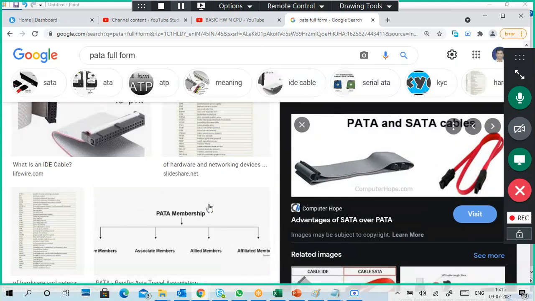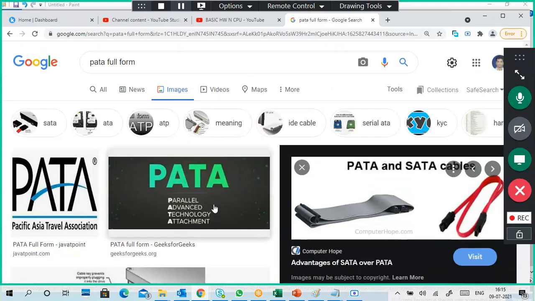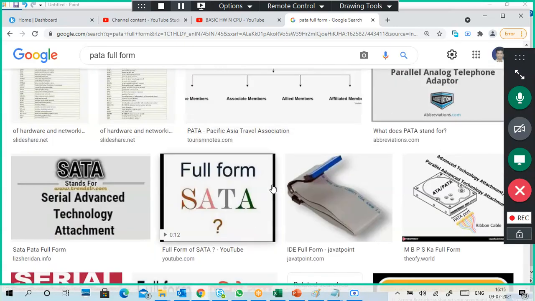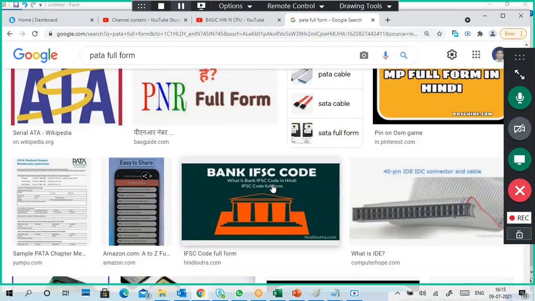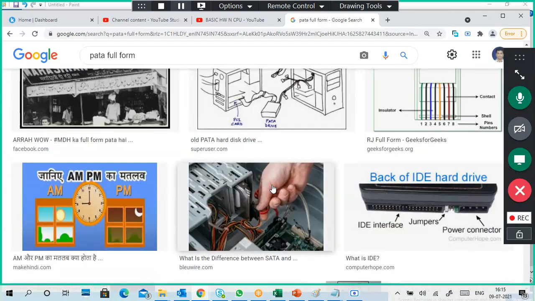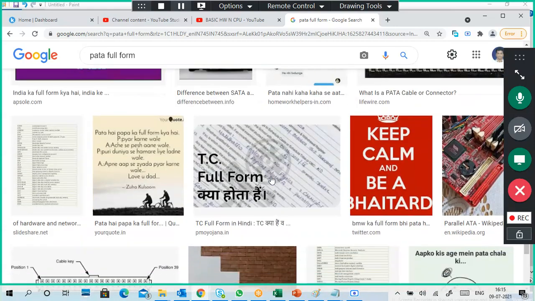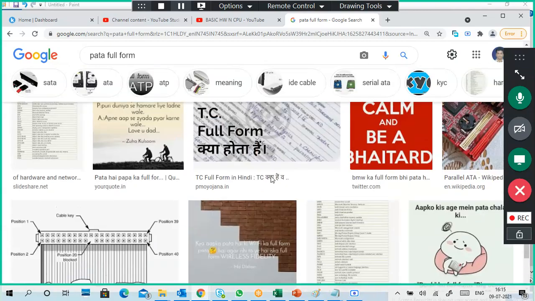Normally physically how it is connected is also there. I will check it. This is a SATA. All the pictures are there.